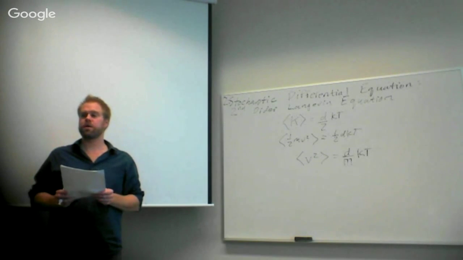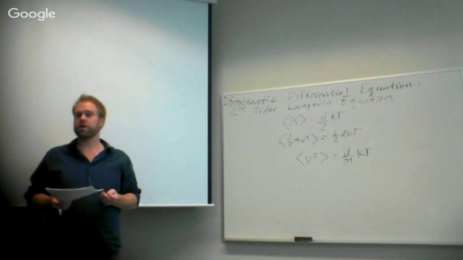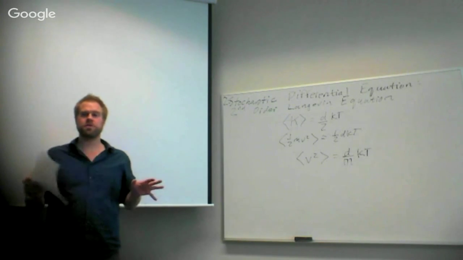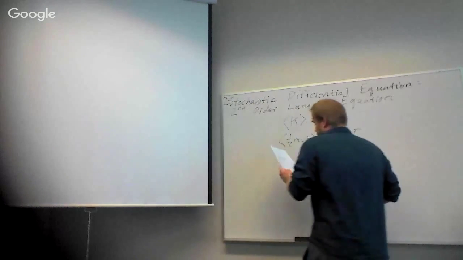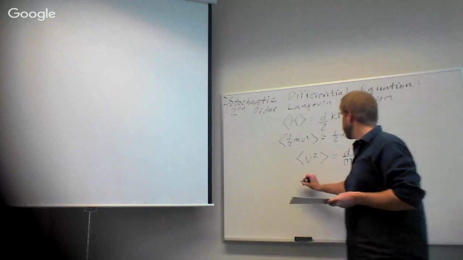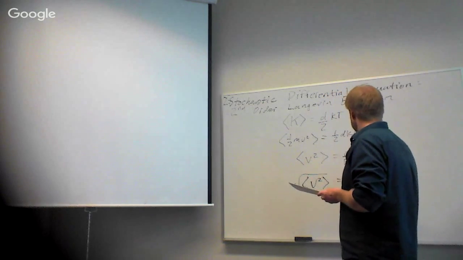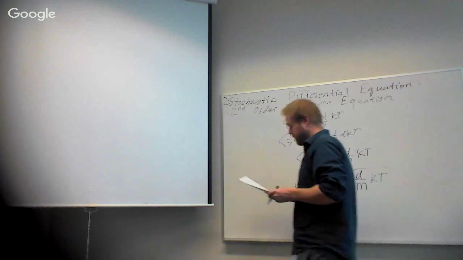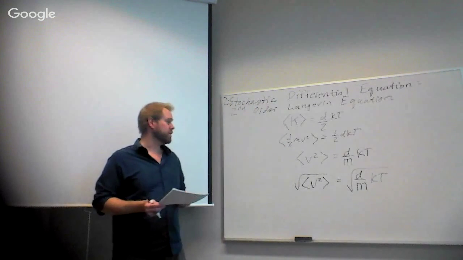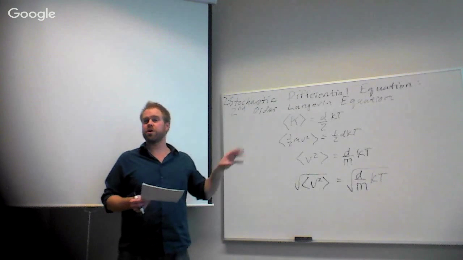Good? The d is the dimension term, so it could be 1d, 2d, 3d. Yeah? Is that right with people? Okay. And in fact, we can write the square root so that we get the units right. Okay. Root mean square velocity. It's that. Cool. This is the result we're going to need.